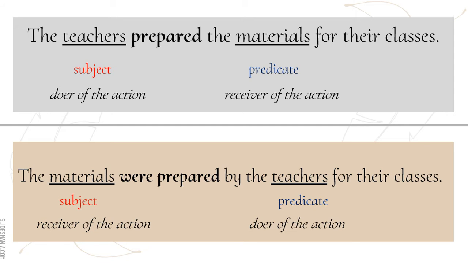On your first example, the word teachers is your subject. However, in the second example, your subject is no longer the word teachers. Instead, it became the word materials. So, as you can see, there is an interchange of their position.